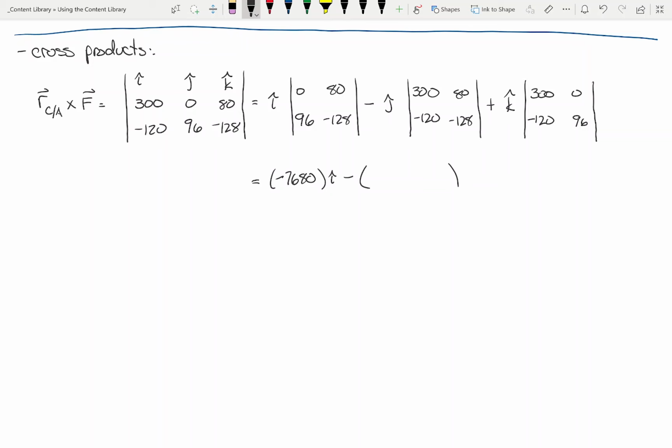So that times that's going to be negative 38400 plus 9600 because it's minus that product, but it's negative. And then this one, we're going to have that times that minus 0, which ends up being 28800.